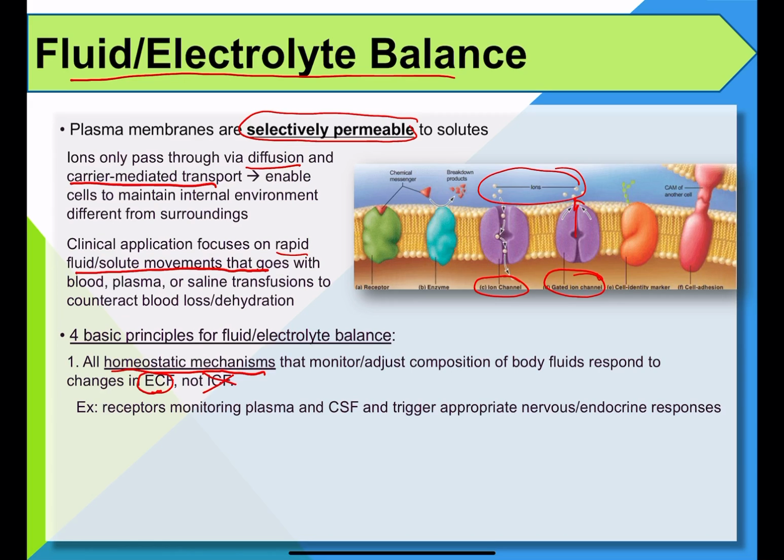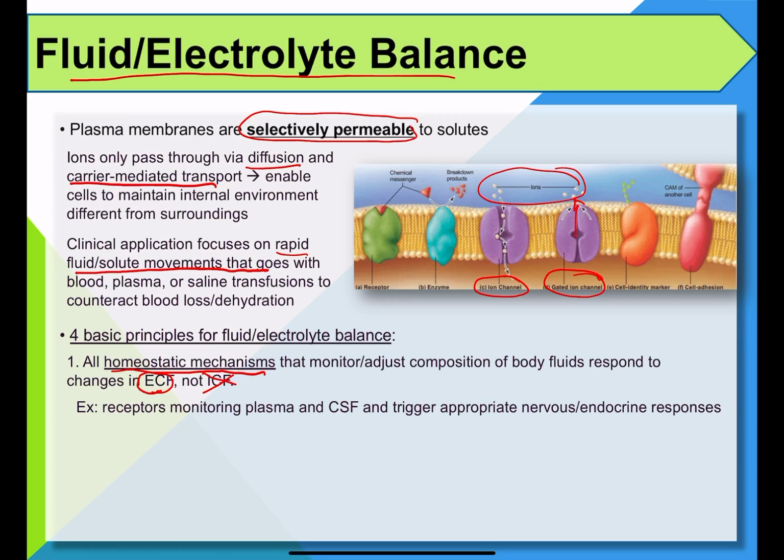So if you monitor what happens in the ECF, then the same thing is going to happen to the ICF, because ECF circulates around the body, and whatever osmotic concentration is affected in the ECF will also affect the ICF. So that's why whatever we do, it makes more sense for it to be applied to the ECF as a system as a whole versus every little single cell in your body, okay?